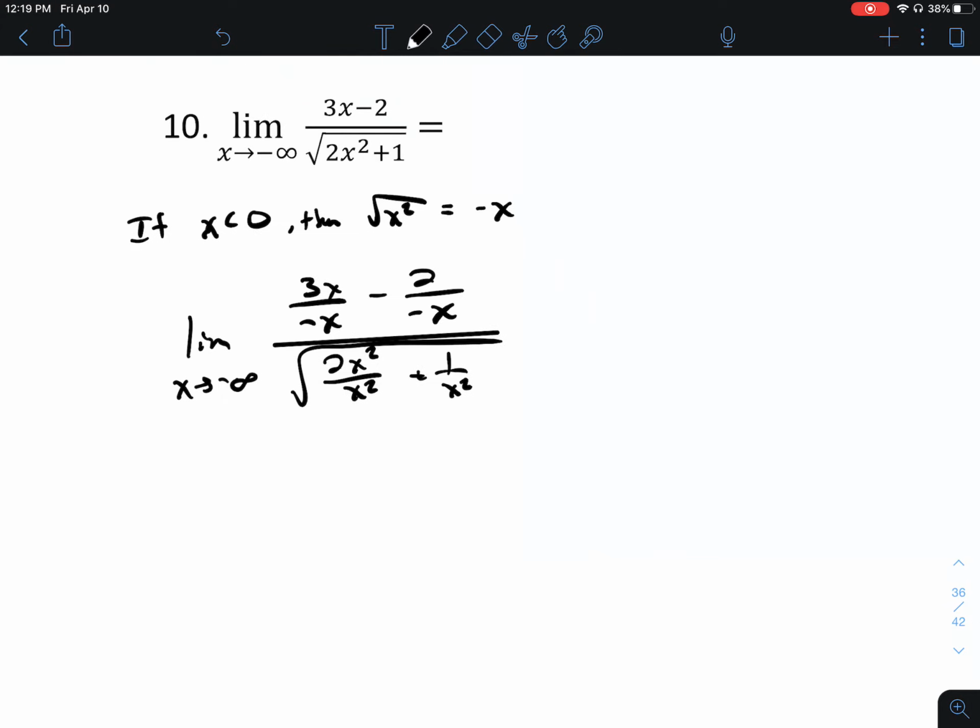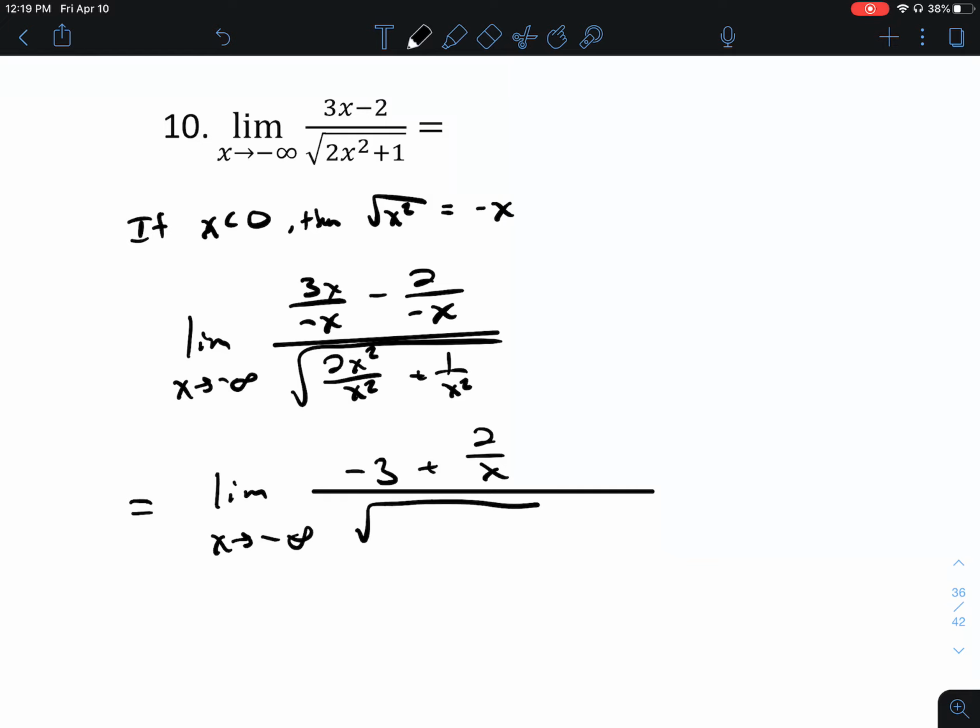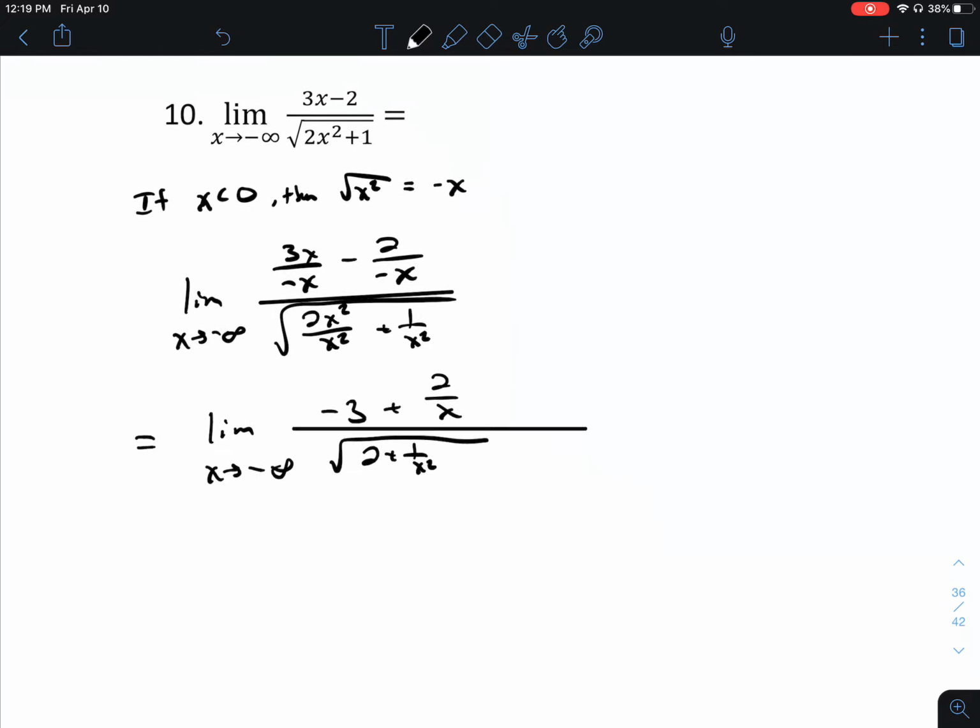Now as far as these limits go, this could be simplified, and I can make this the limit as x approaches negative infinity of -3 plus 2 over x. In the denominator, I'm going to get the square root of 2 plus 1 over x squared.